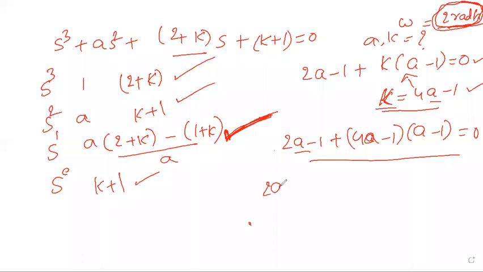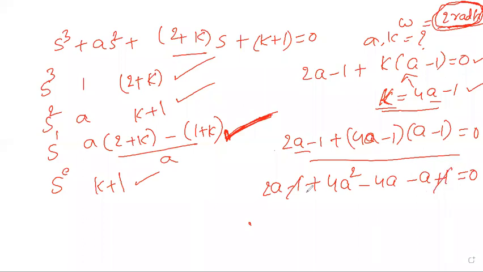Simplify it. 2a minus 1 plus 4a square minus 4a minus a plus 1 equal to 0. So finally, what is the value? Minus 1 plus 1 get cancelled.